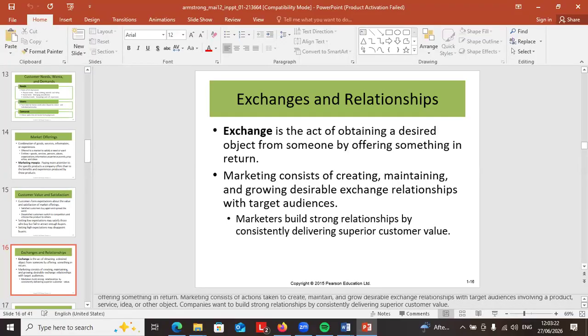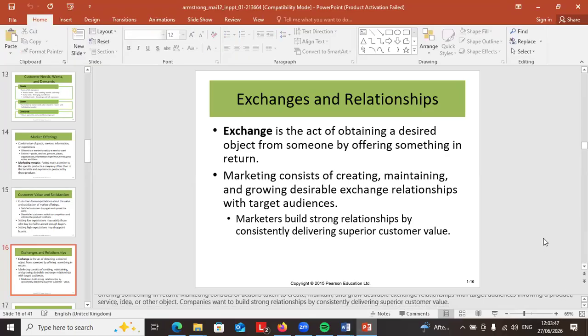Consequently, marketing consists of actions taken to create, maintain, and grow desirable exchange relationships with target audiences involving a product, an idea, or other objects. Therefore, companies want to build strong relationships by consistently delivering superior customer value.